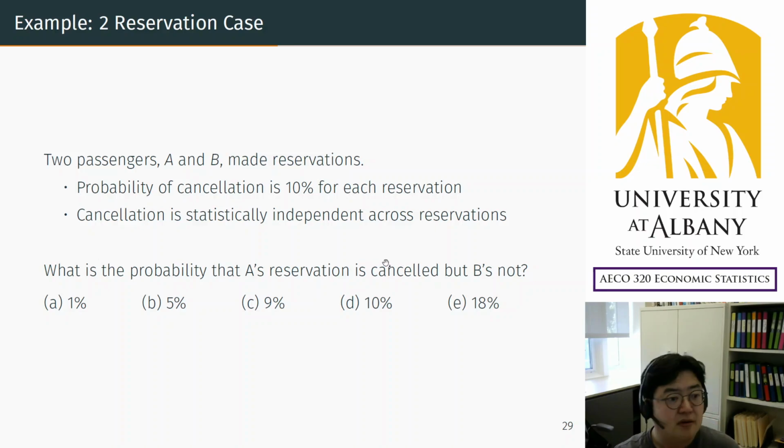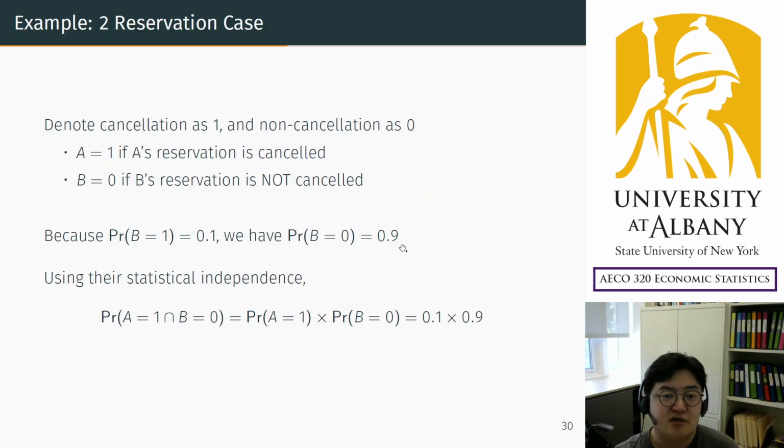Okay. Let me turn to the next page. So, what we want to calculate is this event. I said A cancels. So, A should be 1. A equals 1. And B does not cancel, so B equals 0. And then, in the end, we want to calculate probability that A equals 1 and B equals 0.